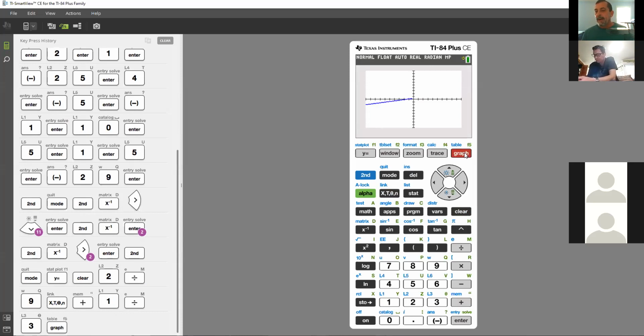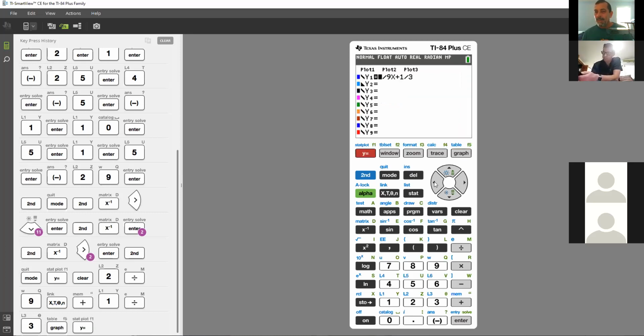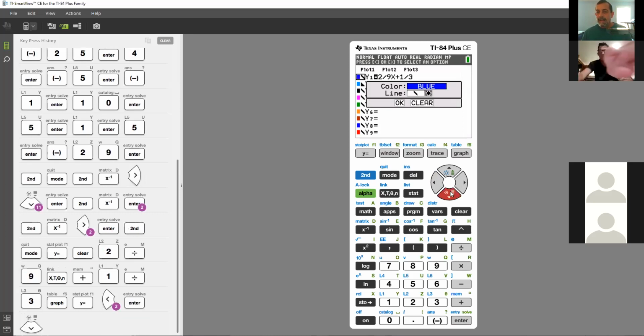Now, all y'all are going to see is the line, right? So what we want to do is shade this. So do y'all remember how I shaded it? I go all the way left, hit enter. So I guess I'll keep it blue. So let me go down to where it says line.